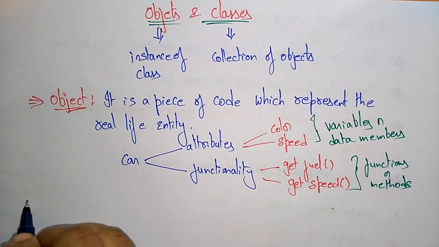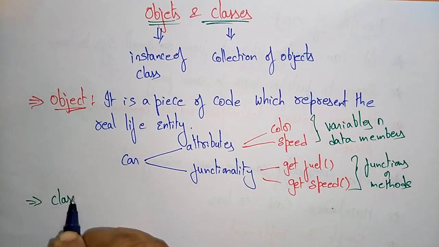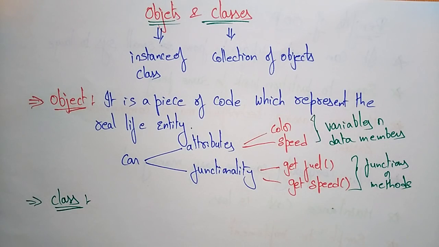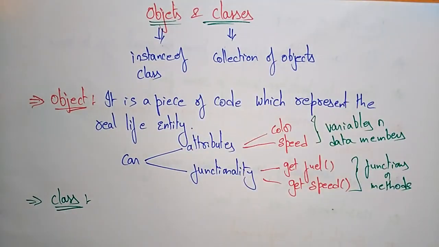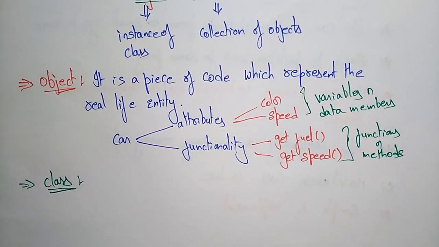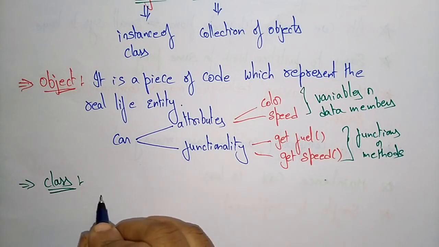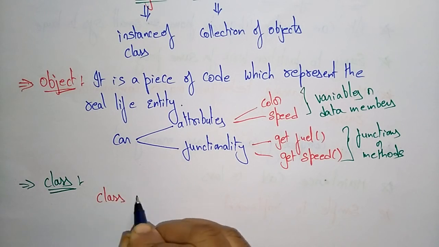Now coming to the class. So what is a class? A class is a collection of objects. It consists of a collection of objects. Here you can say a class student.